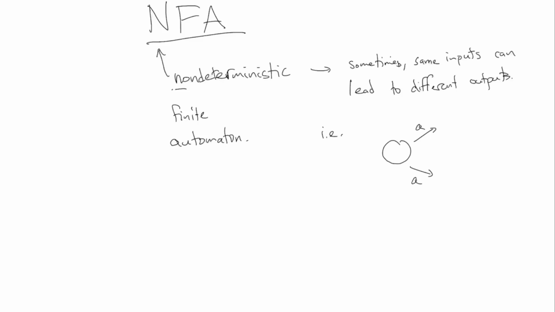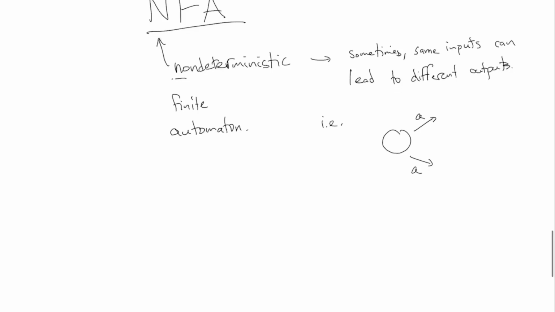So let's just look at an example. We'll start with drawing diagrams of everything. There is also a formal approach to this, which we'll discuss briefly, although we don't need to get too detailed about the formalism. But here is an example of an NFA.